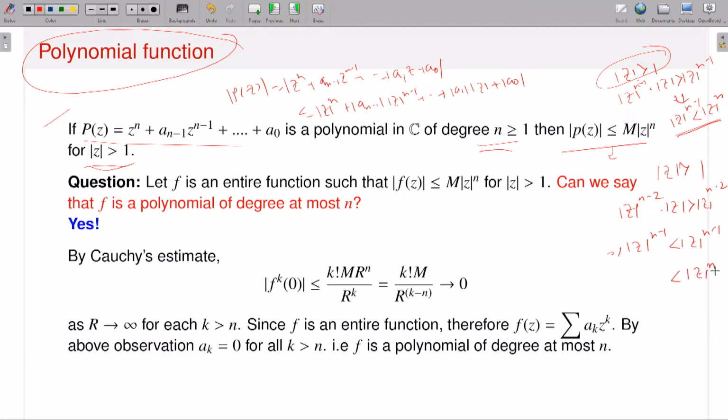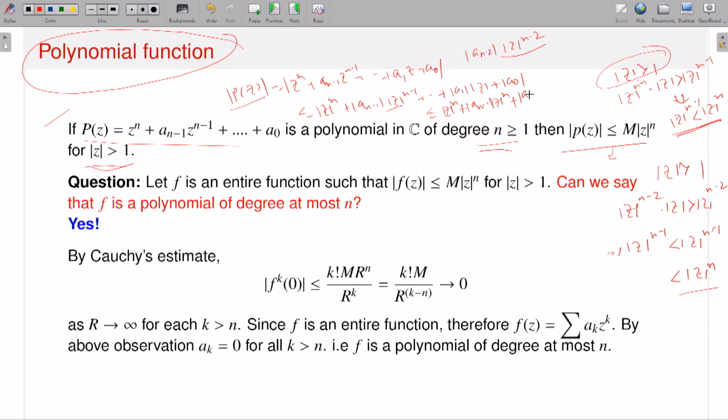So in other words, the modulus of P of z is dominated by this. I can keep mod z to the power n as it is. For the second term, mod a n minus 1 times mod z to the power n minus 1, I just proved that mod z to the power n minus 1 is strictly less than mod z to the power n. Next term, mod a n minus 2 times mod z to the power n minus 2, is also dominated by mod z to the power n.